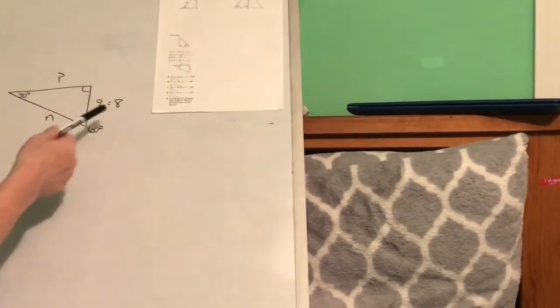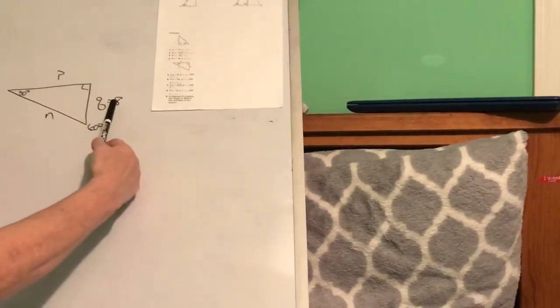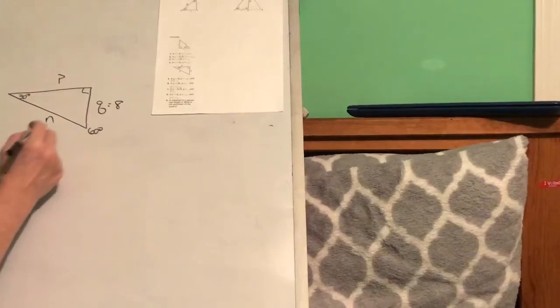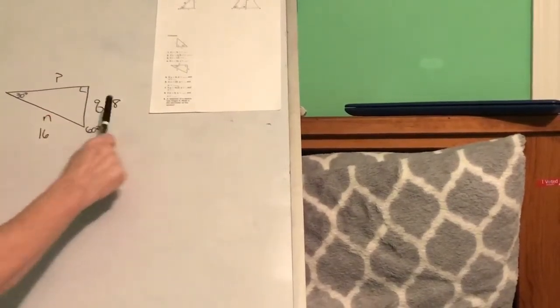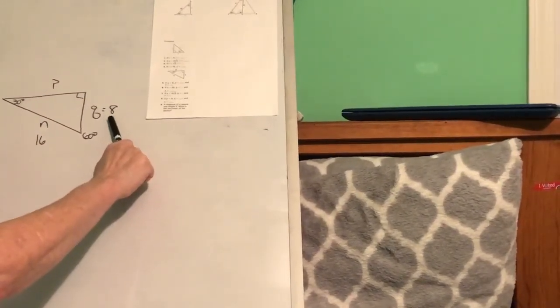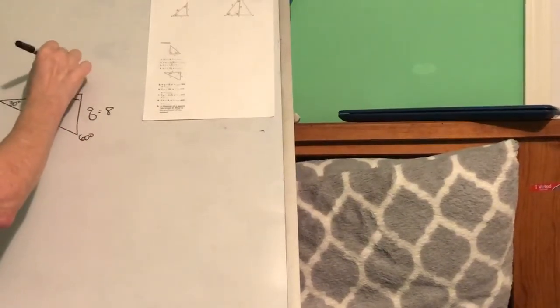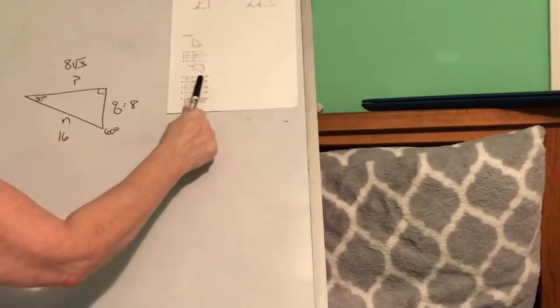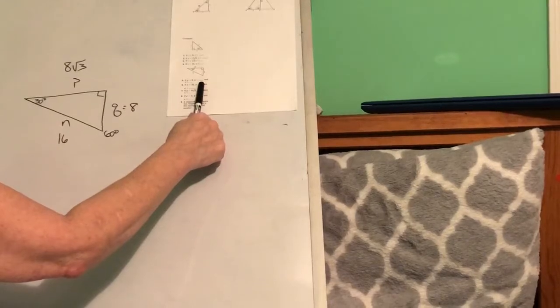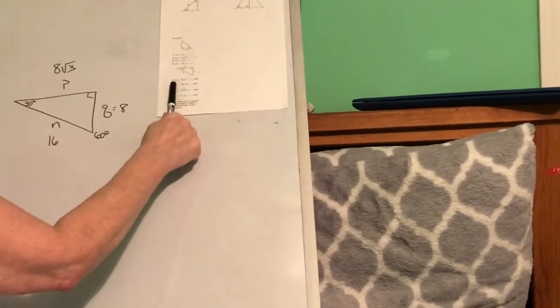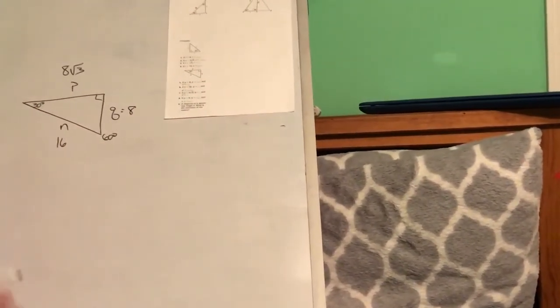So that's the easy one. I'm going to multiply each direction. So we're doubling to get the hypotenuse. 8 times 2 is 16. We're going back to the short leg, and we're multiplying by the square root of 3. Okay, so P is equal to 8 square roots of 3, and N will be 16.